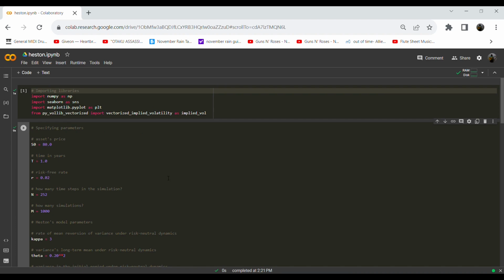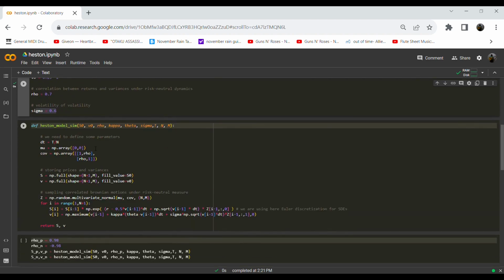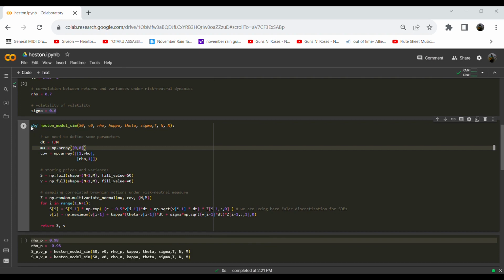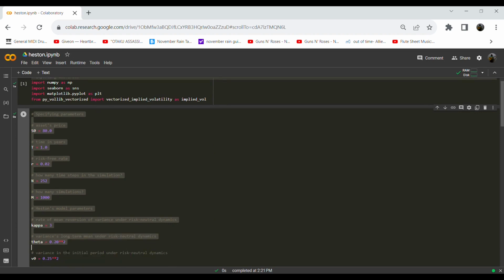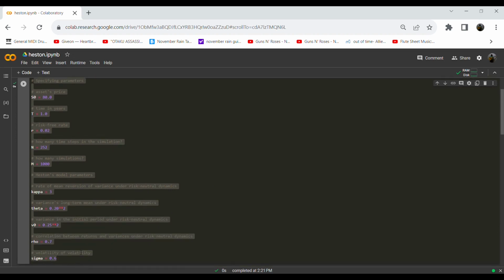Okay, now we have our parameters, and now let's move on. Here we define a function to run the simulation of the Heston model. The parameters of this function are all the parameters we defined in the previous cell.